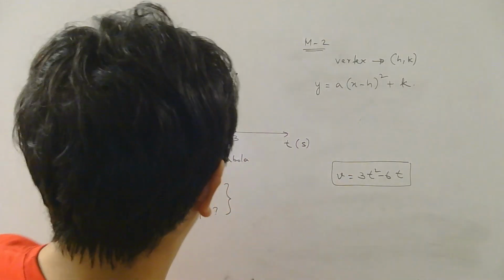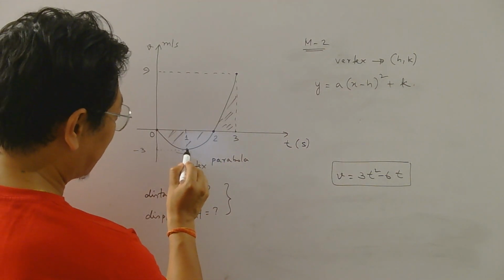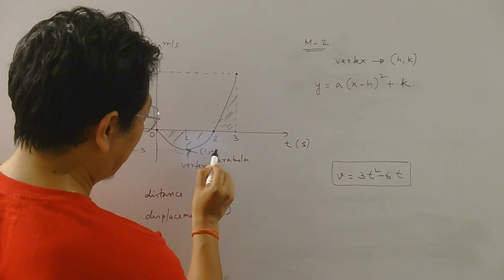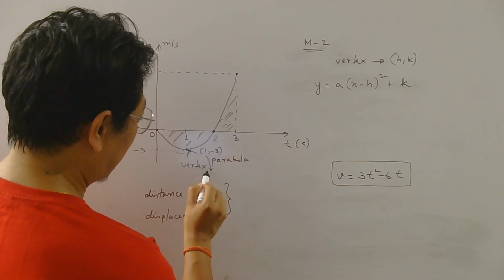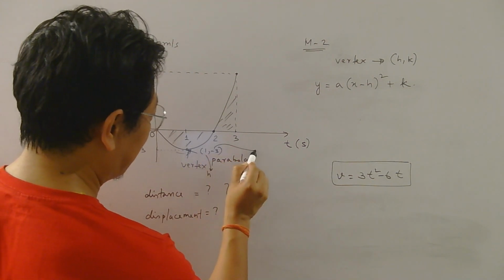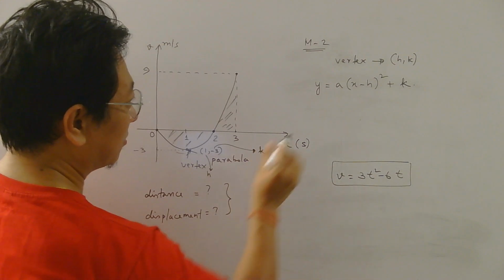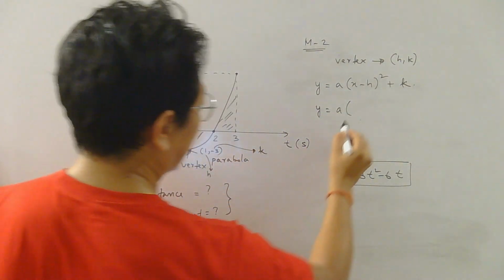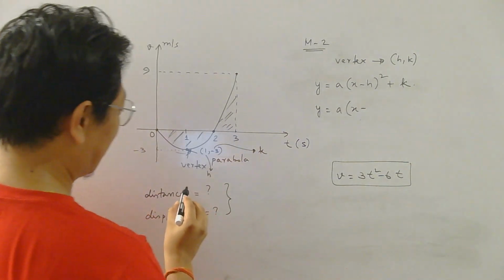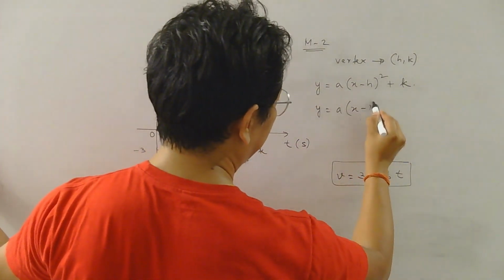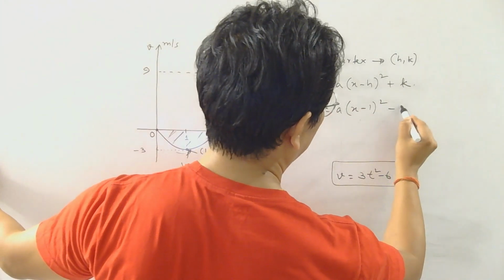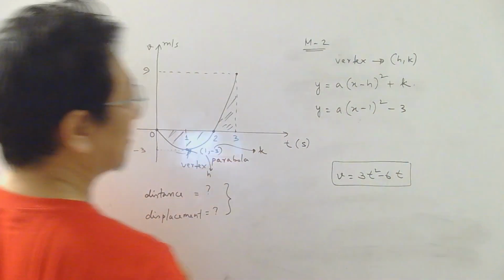Okay, so here the coordinates of the vertex are how much? 1 comma minus 3. So 1 is your h and minus 3 is your k. So substitute: y will be a into x minus h, what is h? 1. k is minus 3. So this plus will become minus.